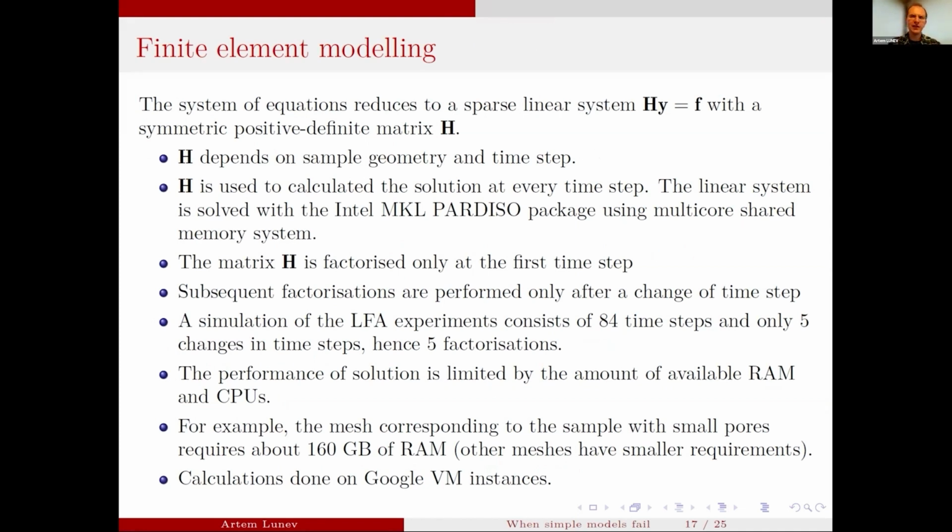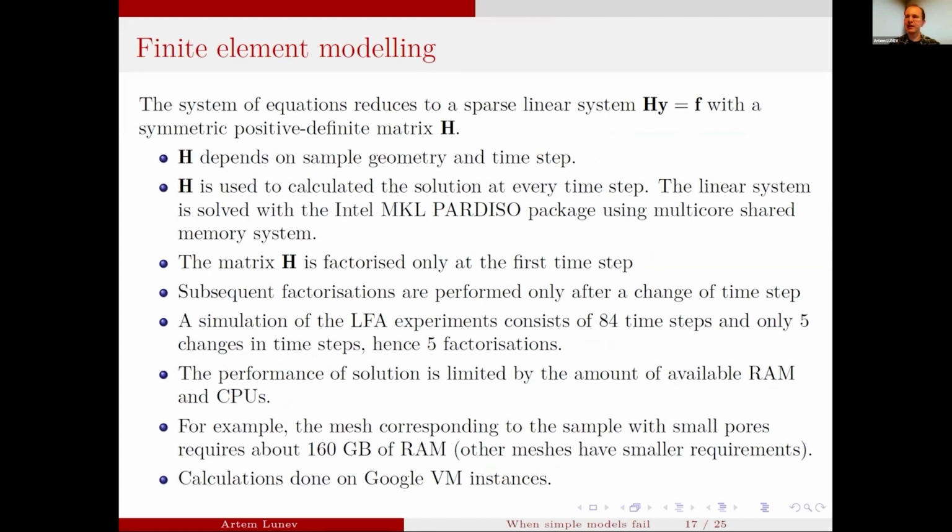And in order to solve this, because there are a lot of equations that you have to solve, we implemented the Intel MKL Pardiso package using a multi-core shared memory system.